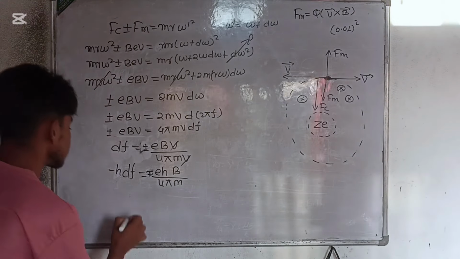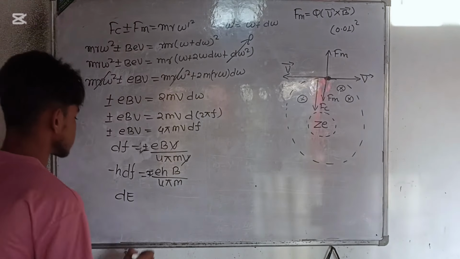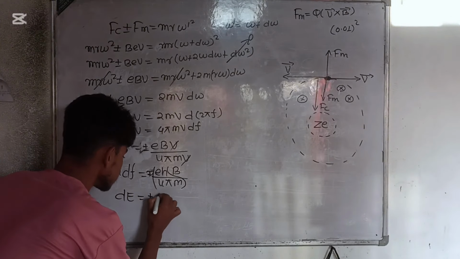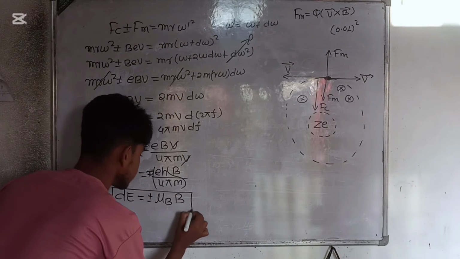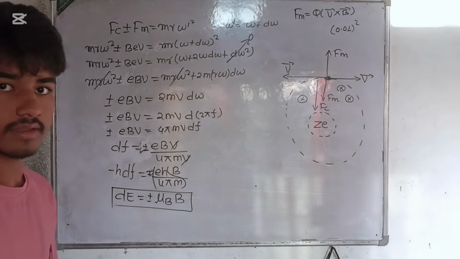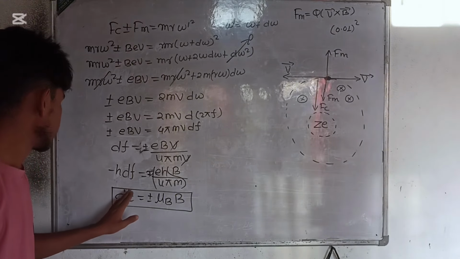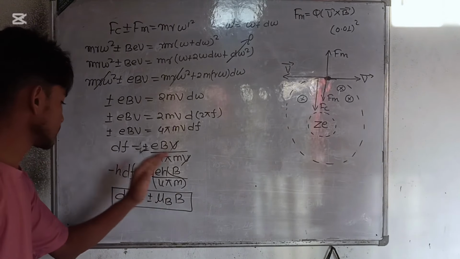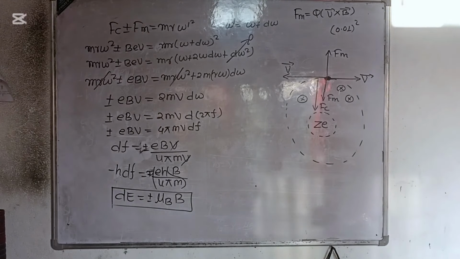The total change in energy, the change in energy in presence of magnetic field is this much, and you can write this bunch of terms as plus minus Bohr's magneton times magnetic field. You can see here, so change in energy is plus minus mu b B. So this would be the change in energy, right?